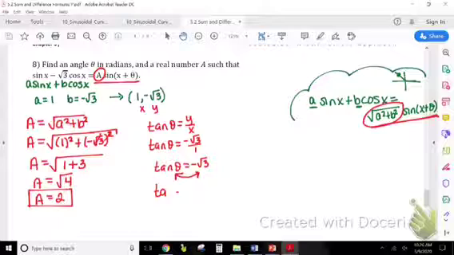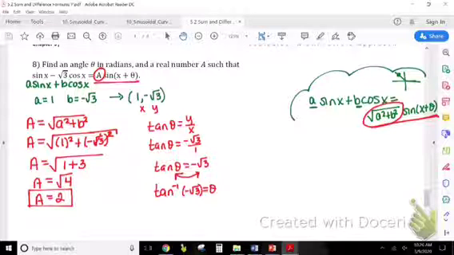So the inverse tangent of the negative square root of 3 will equal theta. And wait, we have ordered pairs on our unit circle that have the square root of 3 in it, don't we? We do. It has the square root of 3 over 2. But it's got a square root of 3 in it.